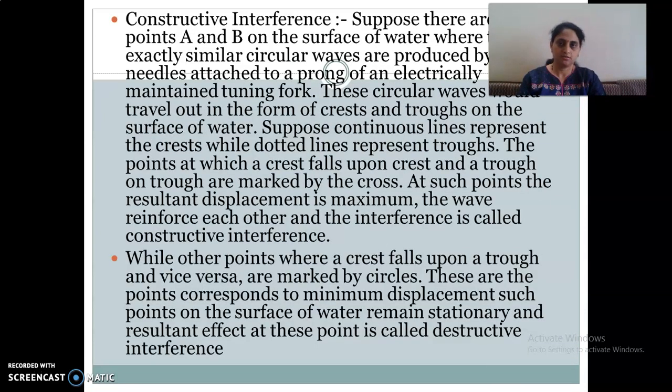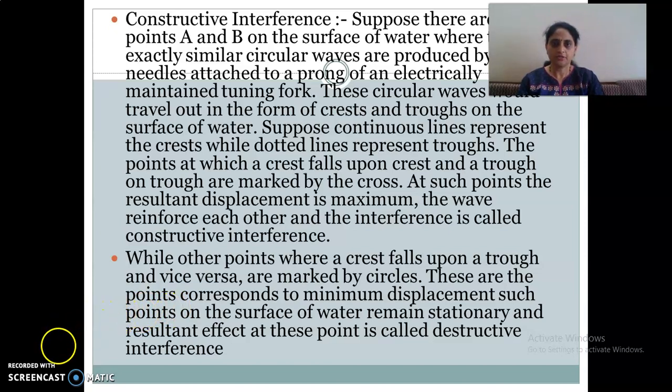After that, constructive interference. What is constructive interference? Suppose there are two points A and B on the surface of water, where two exactly similar circular waves are produced by two needles attached to the prong of an electrically maintained tuning fork. This is the ripple tank experiment. These circular waves would travel out in the form of crests and troughs on the water surface.